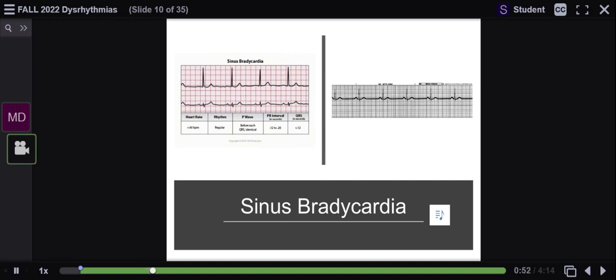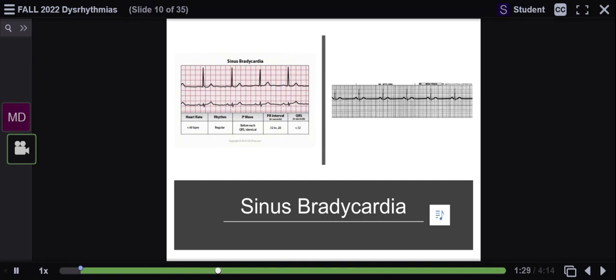So symptoms wise, you're not going to see a lot of patients who will have symptoms, because most of the time it's normal for them to have a bradycardia. If they are symptomatic and there's a change from their baseline, you might see these patients shaking, as they might develop hypotension or syncope, and sometimes confusion, decreased level of consciousness, altered mental status.